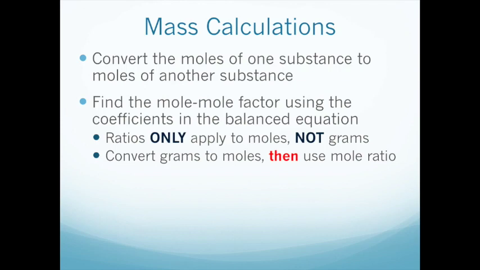And then you convert moles to grams using the molar mass. It's important to remember that moles and grams are not interchangeable in chemical equations, and that the ratios are not mass ratios but mole ratios. So you can't divide one mass by another mass, or you will get the wrong answer.